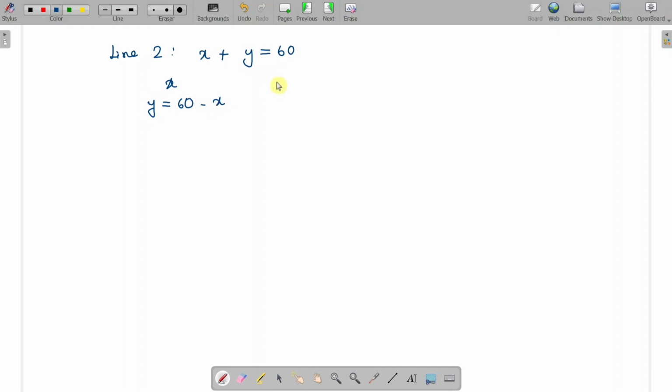Okay, so when x is 0, y is 60, when x is 30, y is 30, when x is 60, y is 0. Okay, so this is the table for line 2.